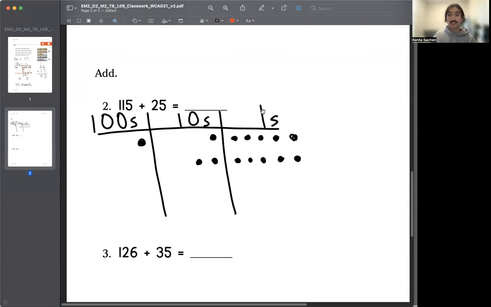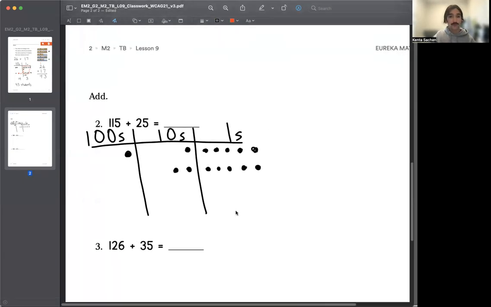Let's start by counting our ones. How many ones do we have? See, drawing it by 5s makes it really easy. 5, 10. Ooh, there's 10. Remember what we do when there's 10 or more?